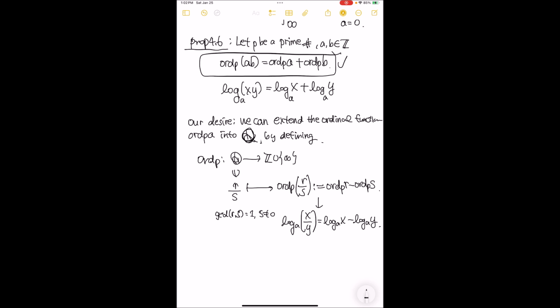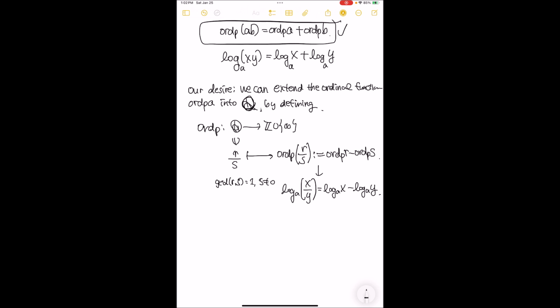Okay, then our question naturally boils down to whether that definition is natural, or well defined.